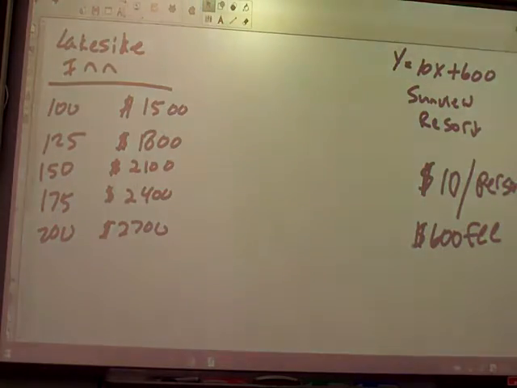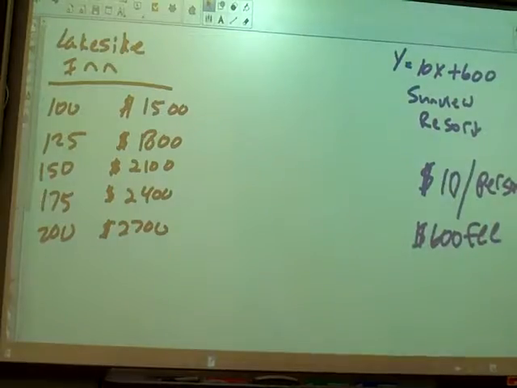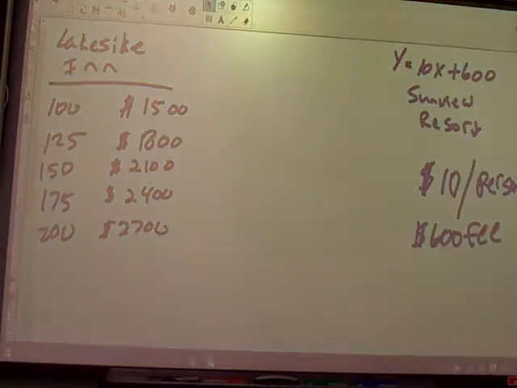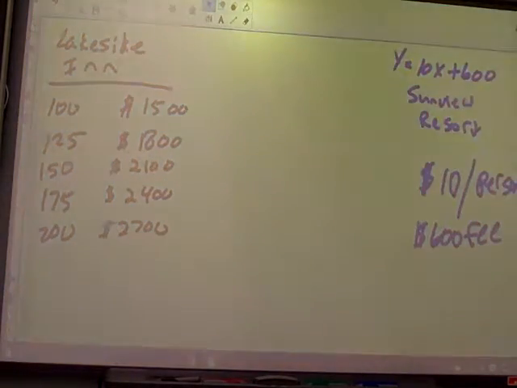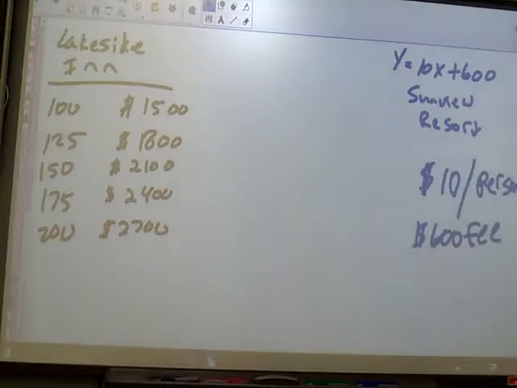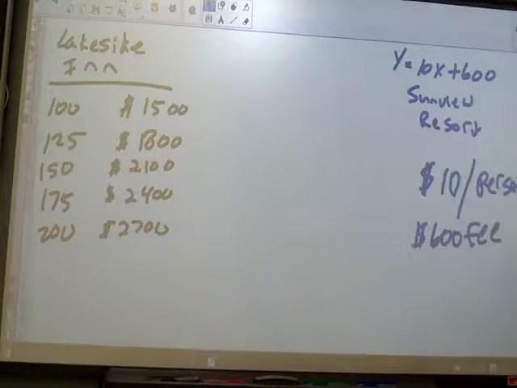That'd be right, wouldn't it? I'm pretty sure. $10 times 100 students is 1,000, plus 600, so 16 a person. Yes. Okay. We don't need to know that yet, what Garrett was talking about.